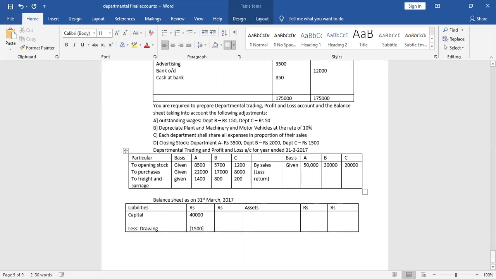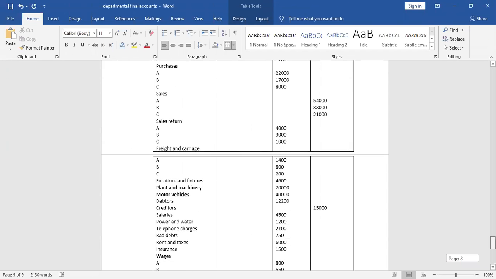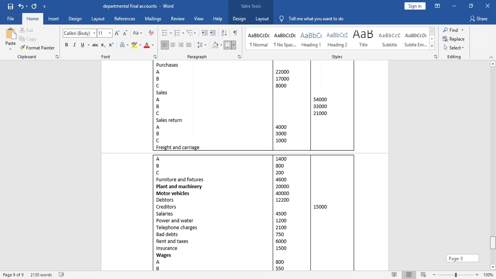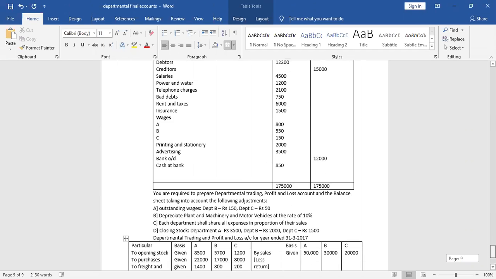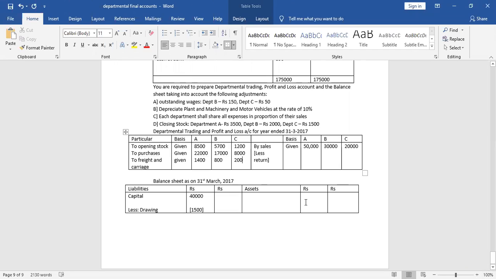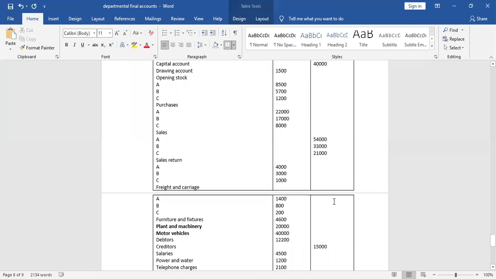And then we have furniture and fixture. 4600 will come in the balance sheet. Furniture and fixture, 4600. We wait because adjustment is not given. Then we have plant and machinery 20,000, motor vehicle 40,000. Depreciation is there.